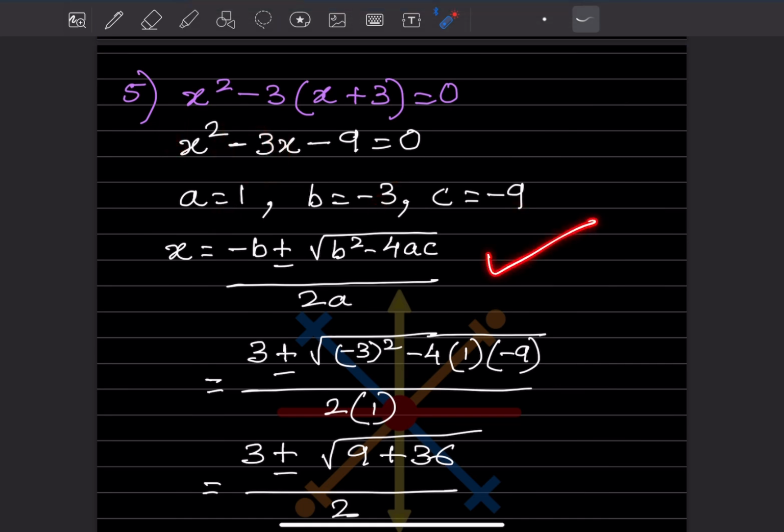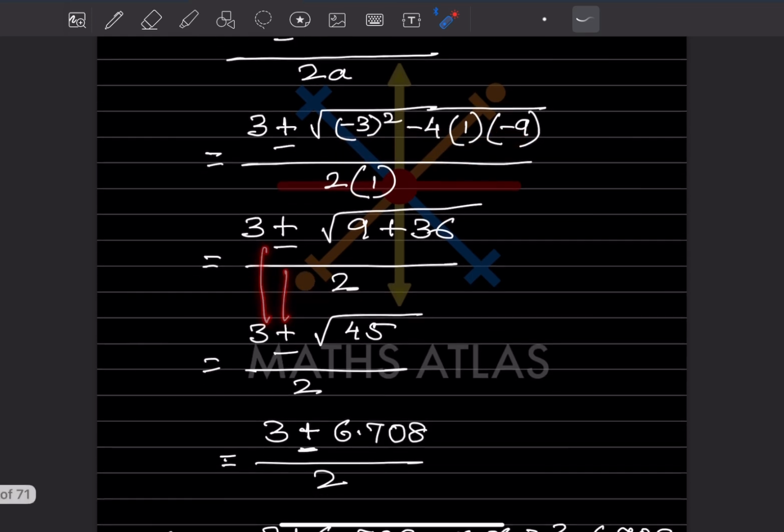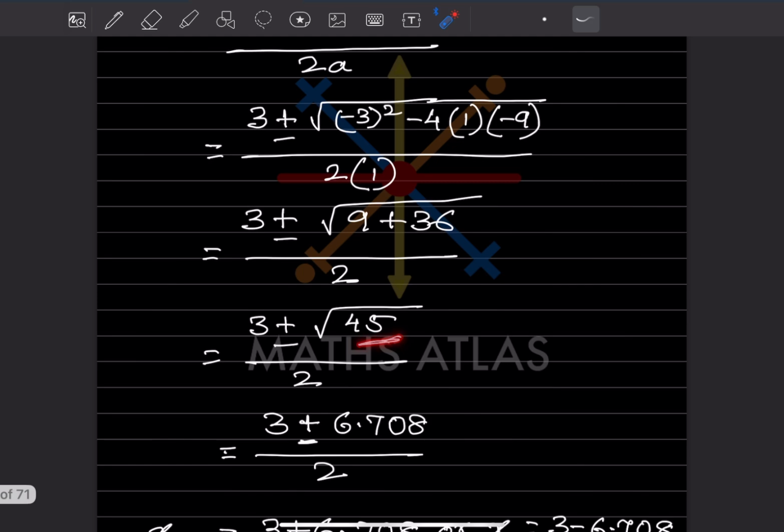So this is the formula. Minus and minus becomes plus, that will be 3 plus or minus root of minus 3 square, minus 4 into a is 1 and c is minus 9, divided by 2 into 1. So that will be 3 plus or minus root of 9, and minus and minus becomes plus, so 36, divided by 2. So 3 plus or minus root of 45 divided by 2.